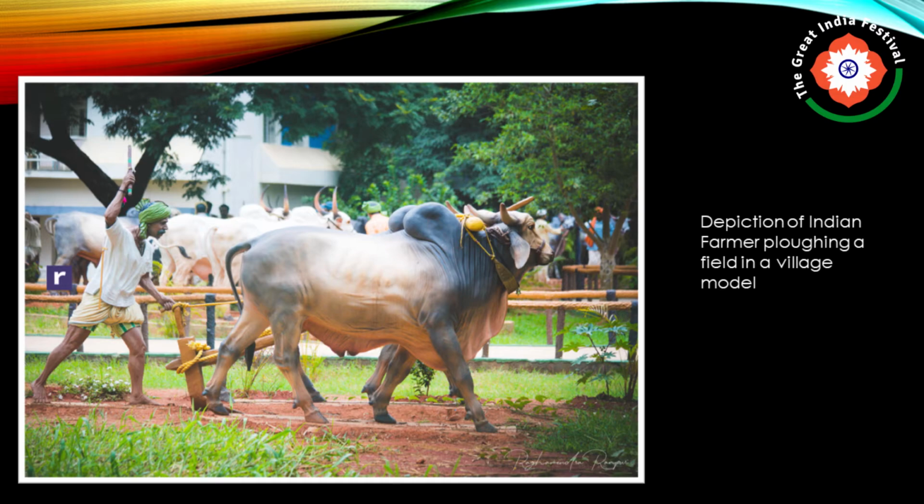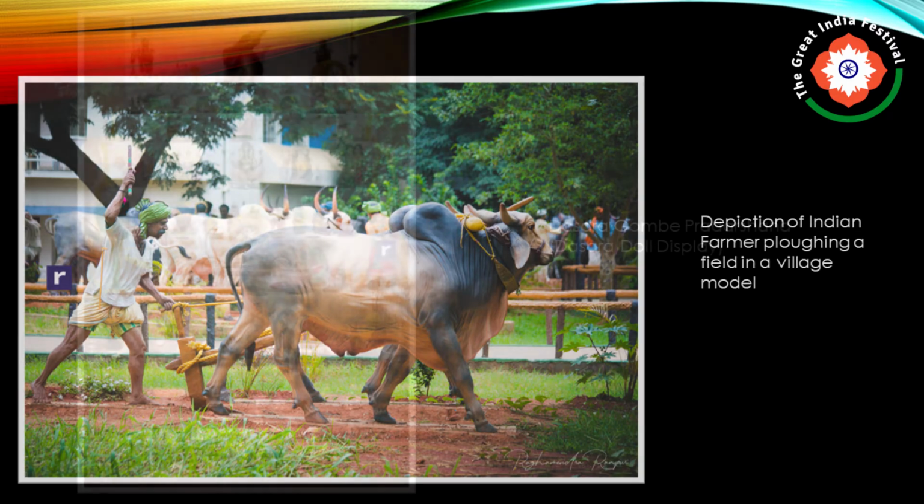In the background, they're showing the market as well. To capture this, you need to make sure the subjects are in focus. So that is where you see the bulls, the farmer in action, and the plow tool used to plow the field.